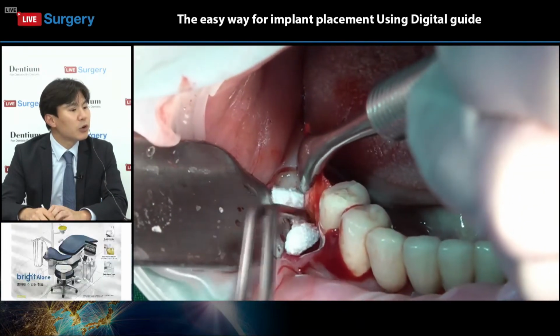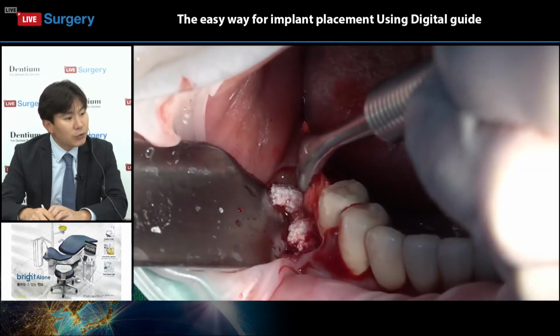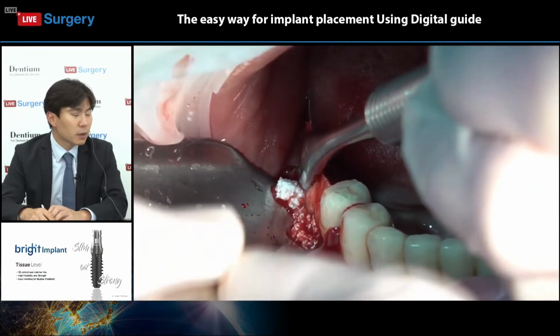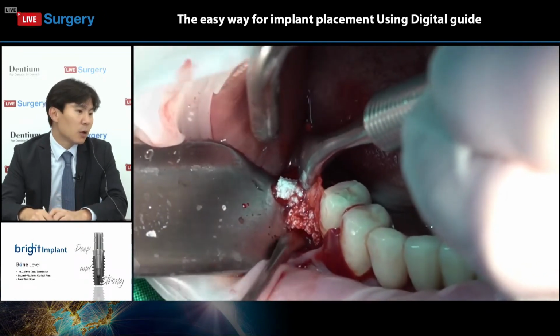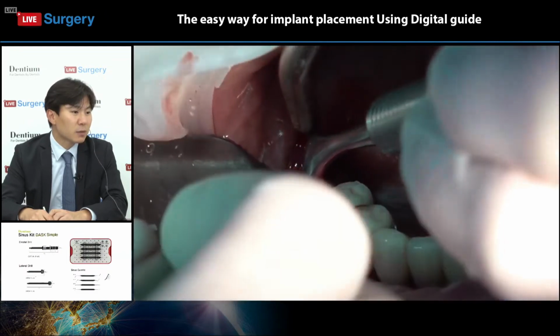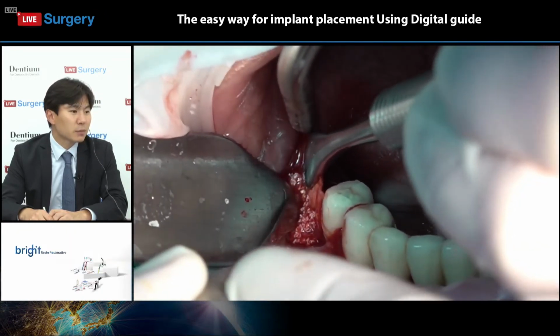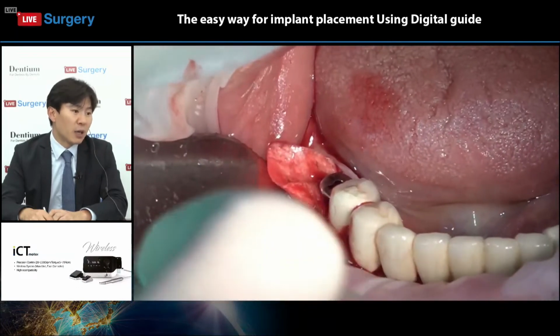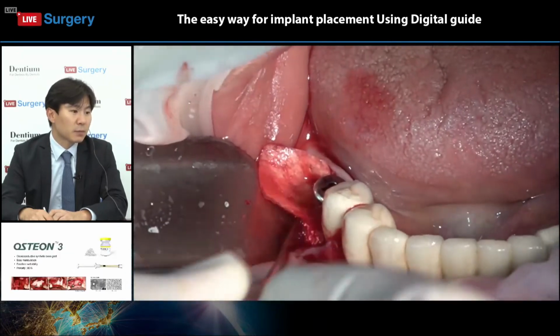And the material is osteoinductive collagen. He just picked the material using the tweezers. And this kind of material is very easy to apply to the defect.